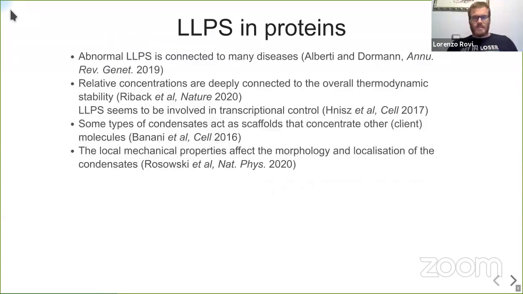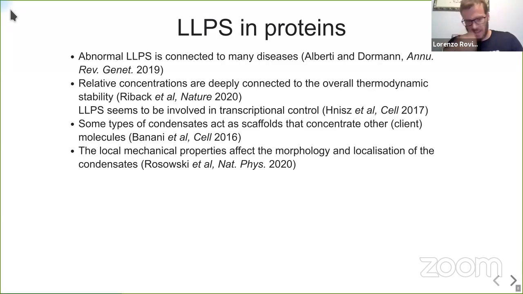In proteins, it has been discovered, and is still being discovered, that liquid-liquid phase separation is used in some sense in cells in many ways. Of course, it's connected to diseases, but for example, it's also involved in transcription, and can be of different nature.